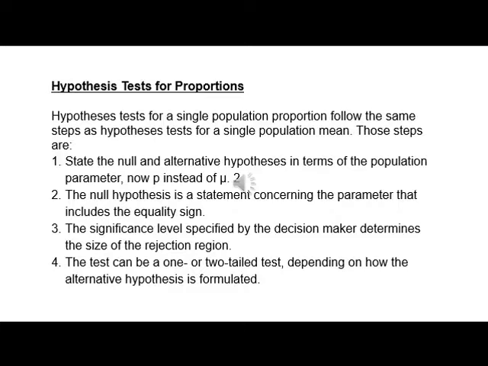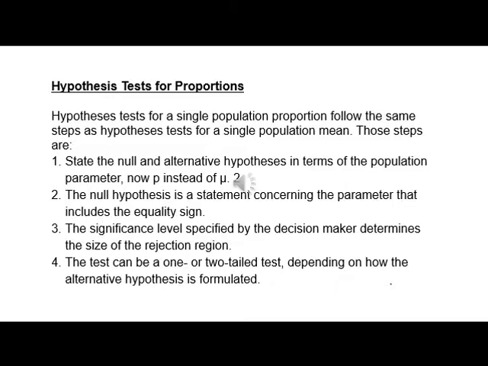The null hypothesis is a statement concerning the parameter that includes the equality sign. 3. The significance level specified by the decision maker determines the size of the rejection region. 4. The test can be a one- or two-tailed test, depending on how the alternative hypothesis is formulated.